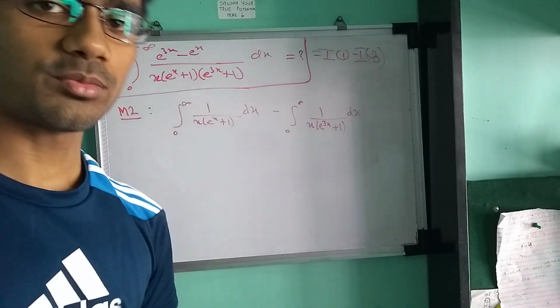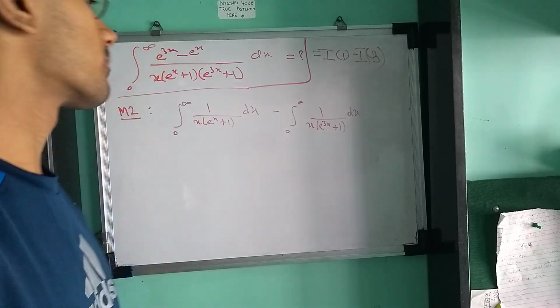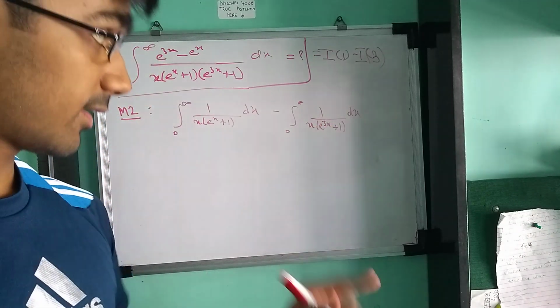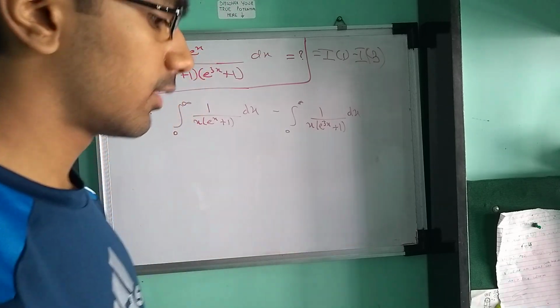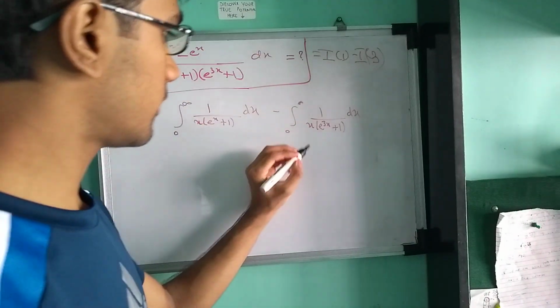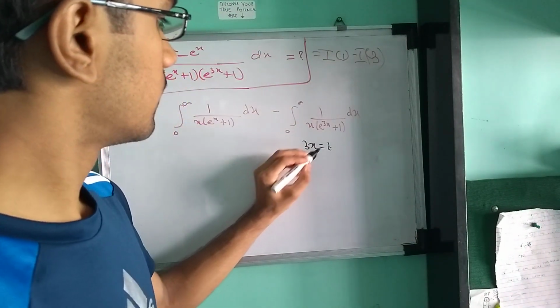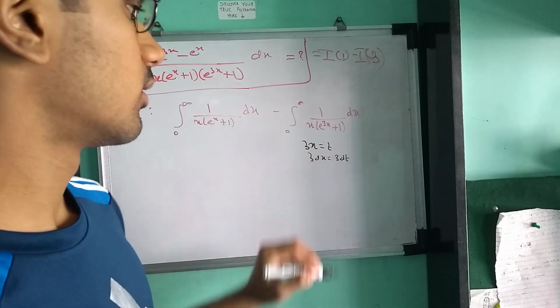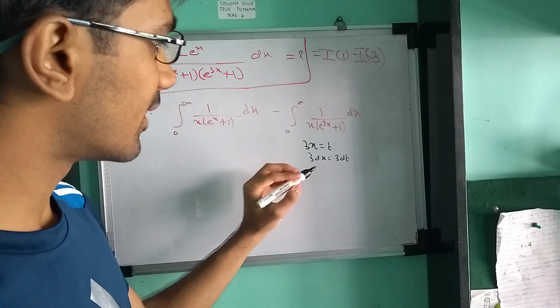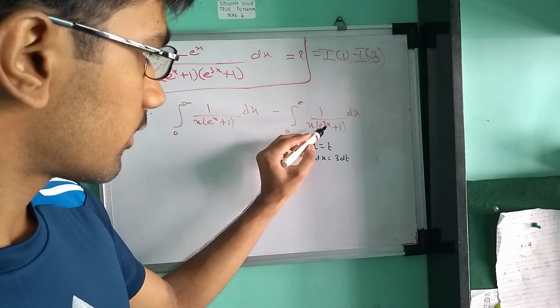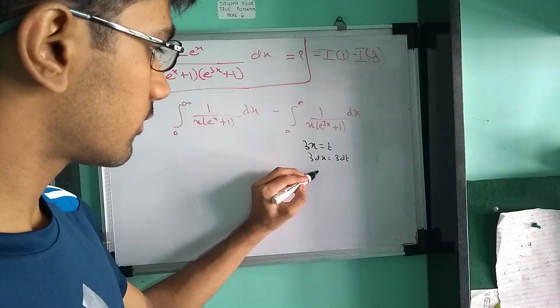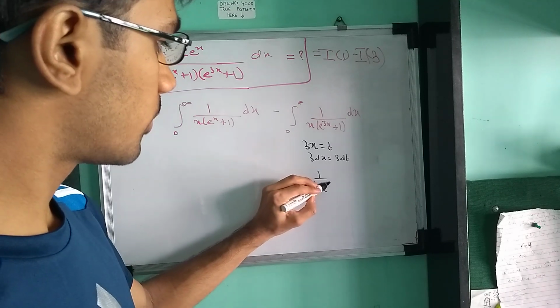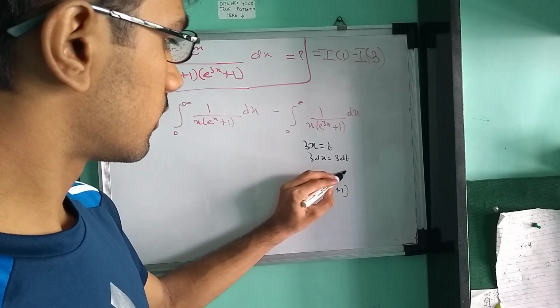Right? Now a lot of people, what they do here is, they'll say, let me put 3x as t over here, right? So 3 dx will be dt, and x will be t by 3. So after writing this in terms of t, they get 1 by t e to the power t plus 1 dt.